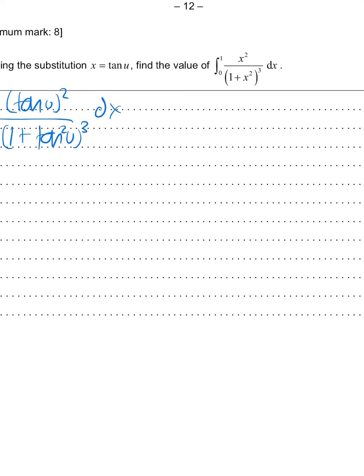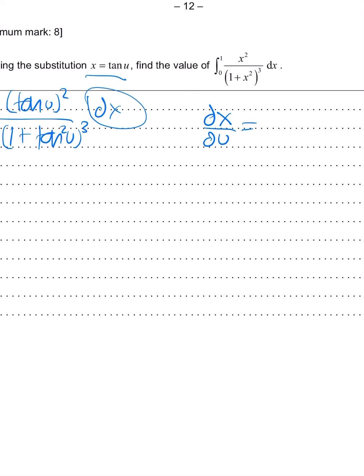And then I have a dx, but I can't have a dx, because here I'm integrating u's with respect to dx. So I need to somehow replace this with du. So what I can do is I can derive this with respect to u. So dx over du is equal to the derivative of tangent of u with respect to u.